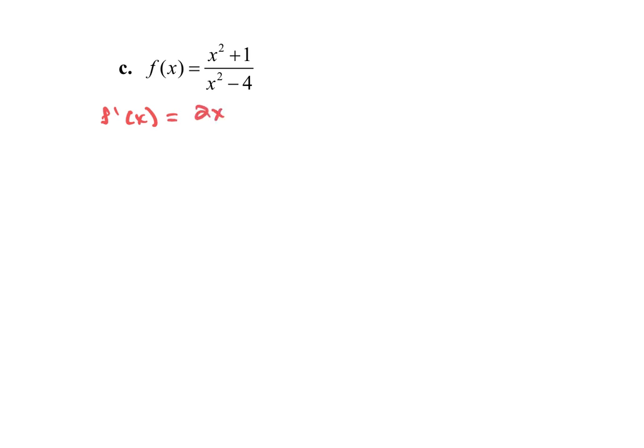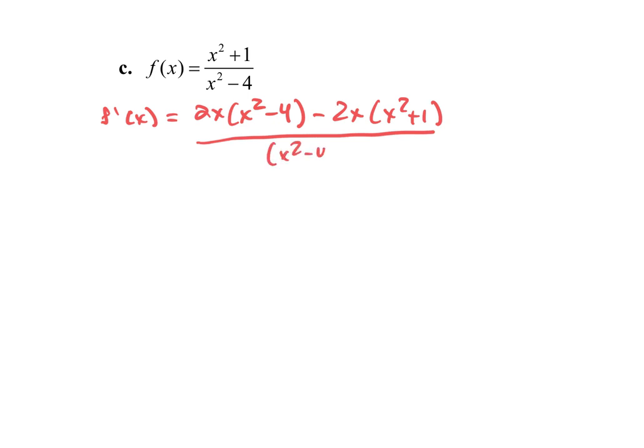So derivative of top, 2x times x squared minus 4, which is the bottom, minus the derivative of the bottom, which is 2x times the top, x squared plus 1, all over the bottom squared. Now, I am going to speed this up a little bit by recognizing that there is a 2x here and a 2x there. So I can simplify that top a lot faster by taking that 2x and factoring it out.